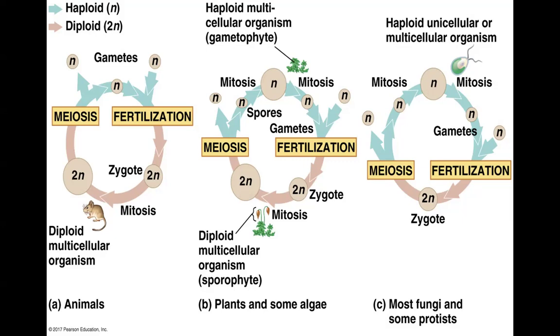This haploid cell will undergo mitosis to then form a haploid organism. This haploid organism can also undergo mitosis to then produce other gametes. If sexual reproduction is necessary, these gametes will then fuse to once again form the zygote. However, the zygote will quickly undergo meiosis to return to the haploid state.